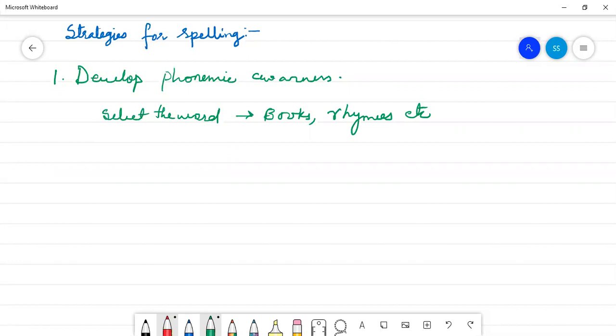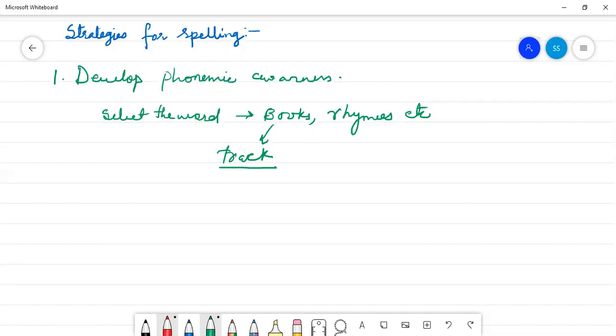So by changing, for example, let us say I have taken the word track, tracking, or a word called track from the book.